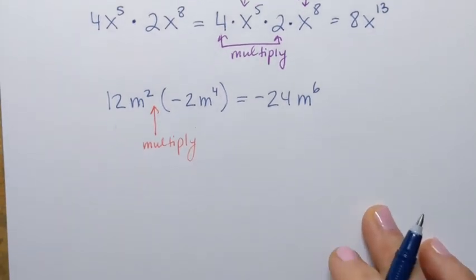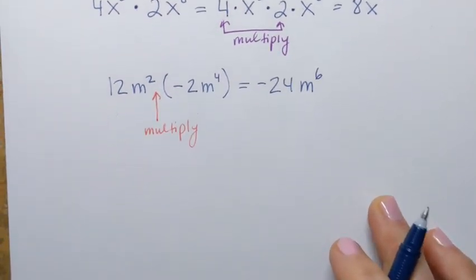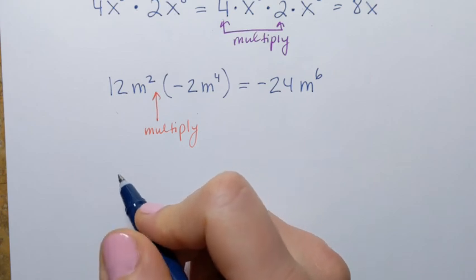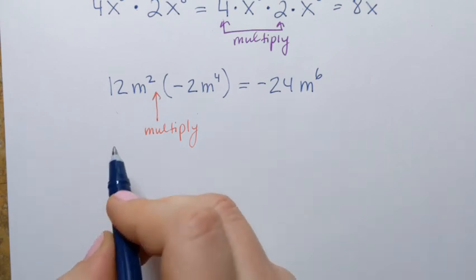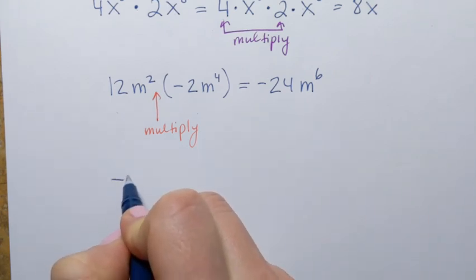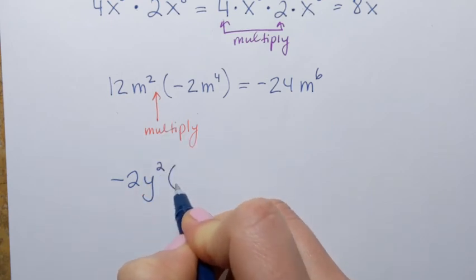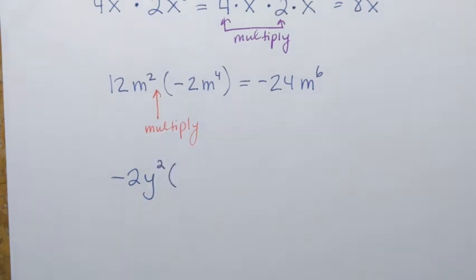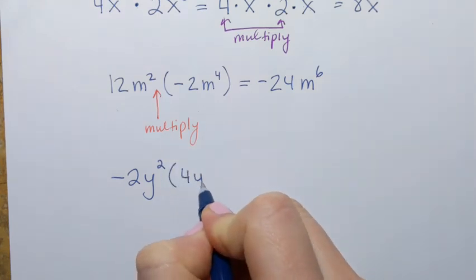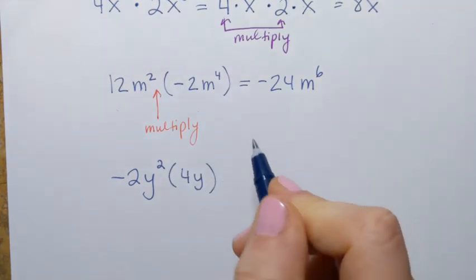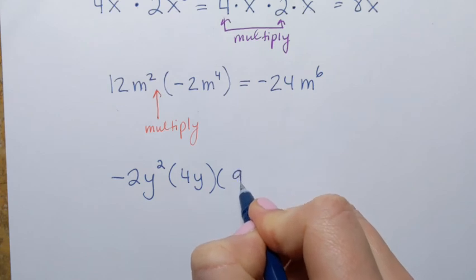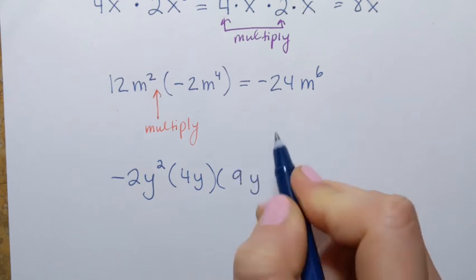And here's one more. What if I have negative 2y squared, then 4y inside the parentheses, and 9y to the 4th power?